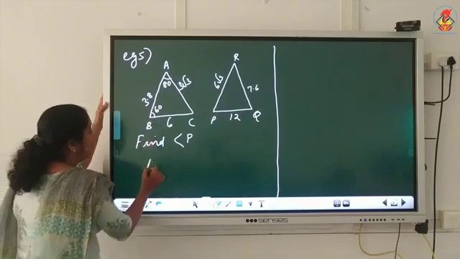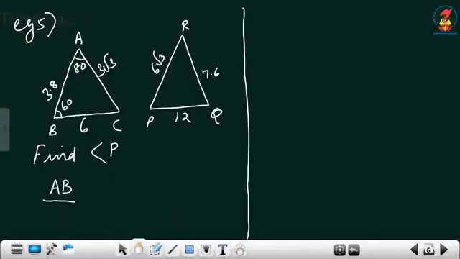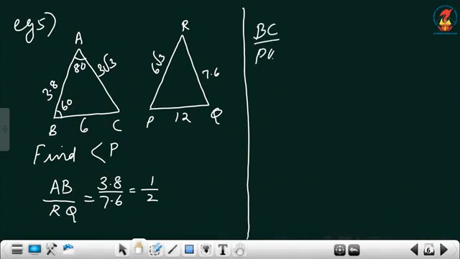So AB by RQ is equal to 3.8 by 7.6, which is equal to 1 by 2. And BC by PQ is equal to 6 by 12, it is also equal to 1 by 2.